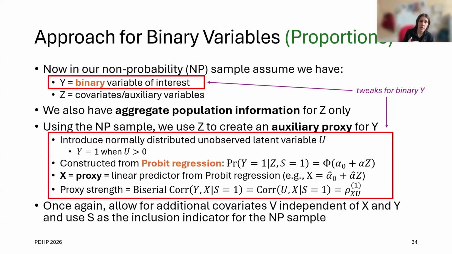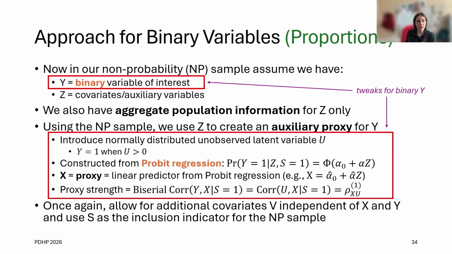Probit regression is a lot less common than something like logistic regression, but it is mathematically convenient because it has this assumption of an underlying latent variable, which is then going to plug really nicely into our proxy pattern mixture model. So this latent variable U, you can think of it as the prediction out of this model. It's like our U hat is what is going to be our proxy.